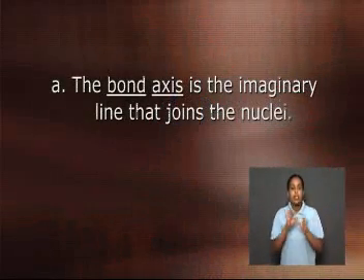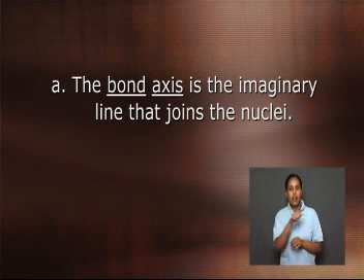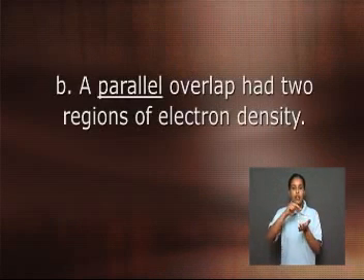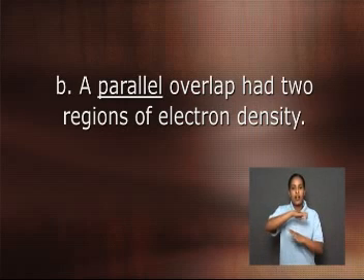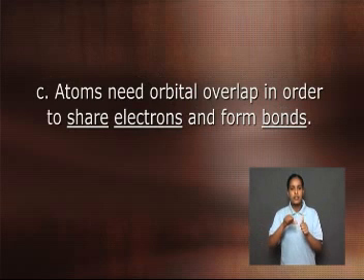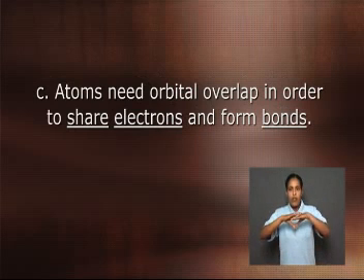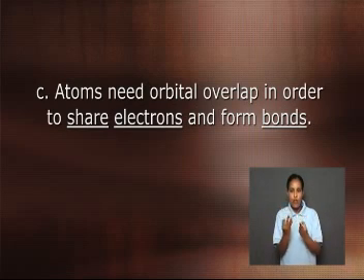The bond axis is the imaginary line that joins the nuclei. A parallel overlap has two regions of electron density. Atoms need orbital overlap in order to share electrons and form bonds.